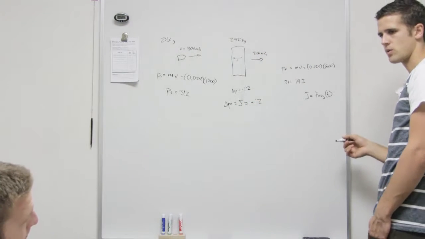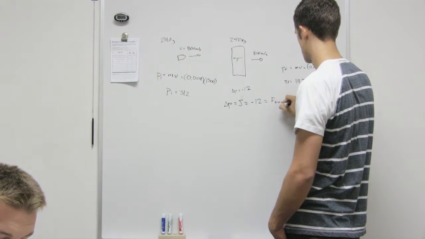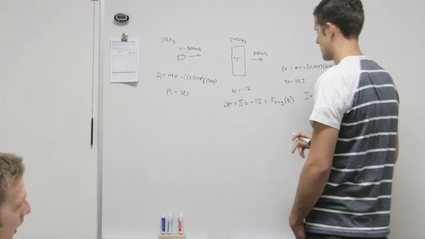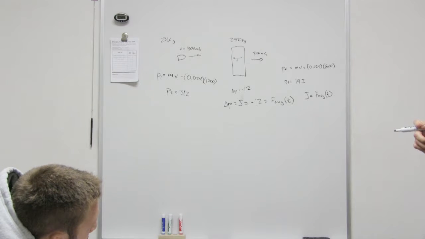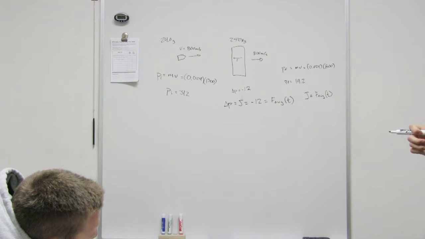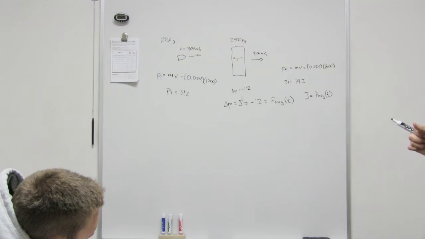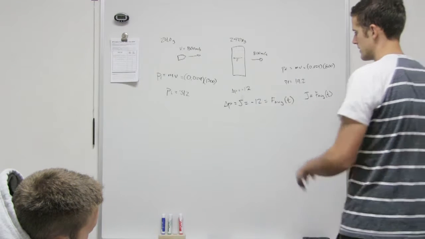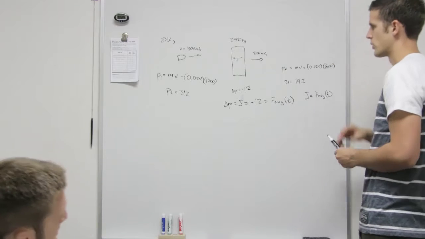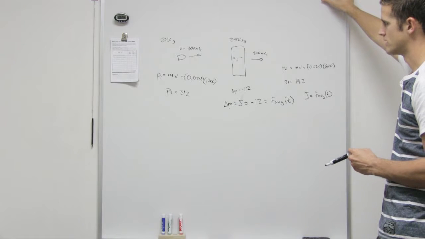Then you can relate that to force using time, or using this. Then the problem is we need the average force and the time. So that might not have been the best way to do it.